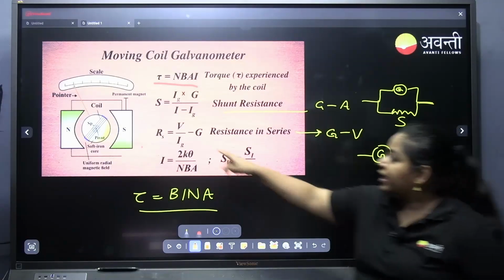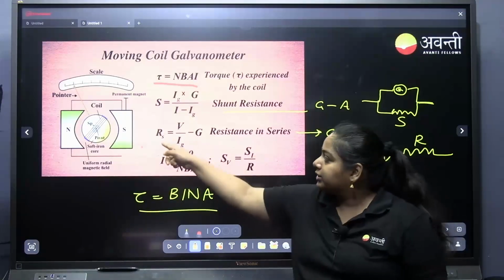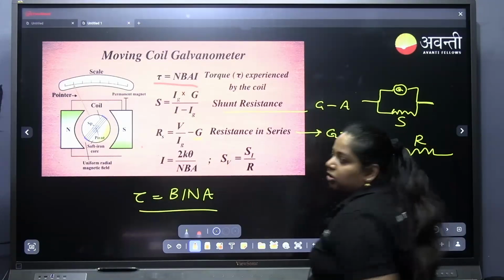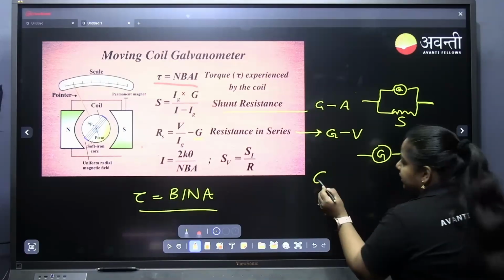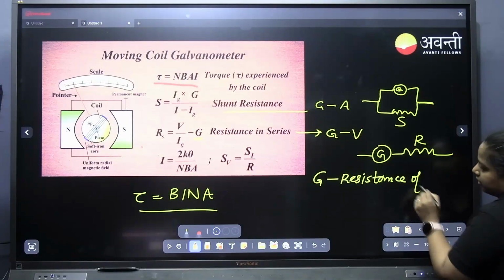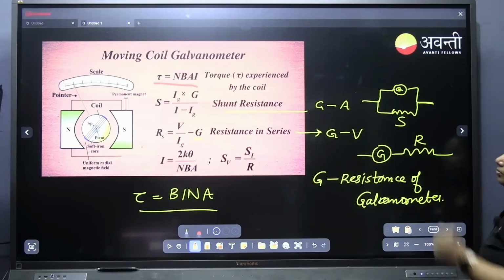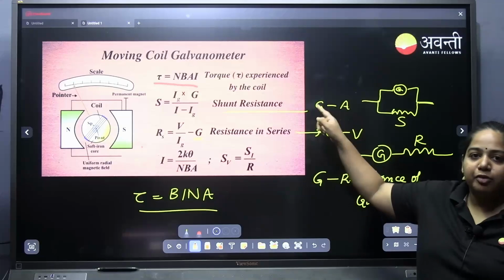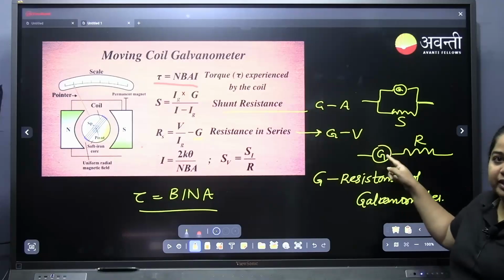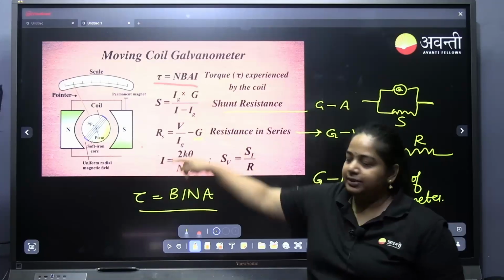If you want to measure up to V volts, this is how you find the resistance that you should connect in series. G is nothing but the resistance of the galvanometer. You can convert a galvanometer to an ammeter by connecting a parallel resistance, and to a voltmeter by connecting a resistance in series. To calculate these values, we have these formulas.